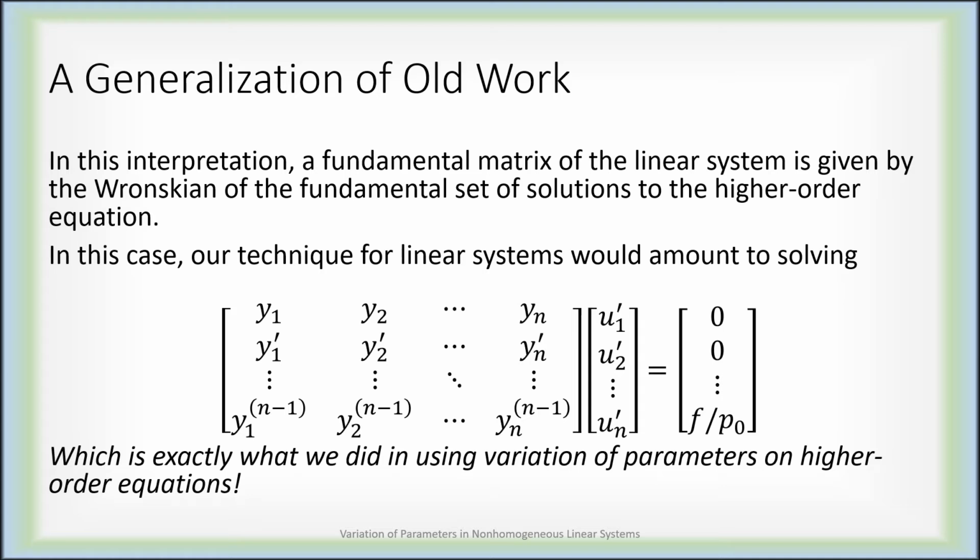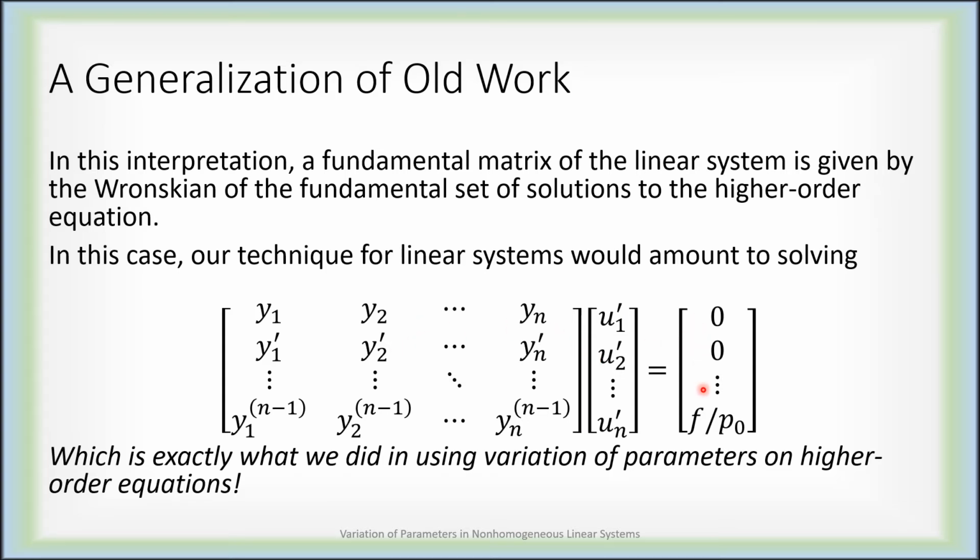This is exactly what you do using variation of parameters on higher order equations. If you run through all of this multiplication, you would have y1 u1 prime plus y2 u2 prime, etc. equals 0. y1 prime u1 prime plus y2 prime u2 prime, etc. equals 0.